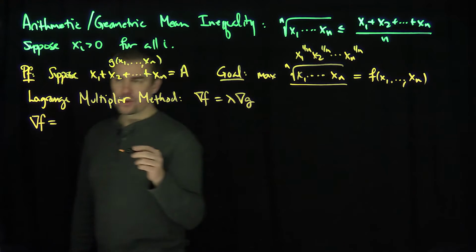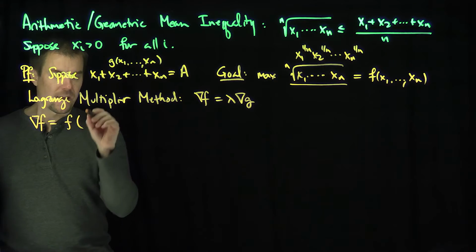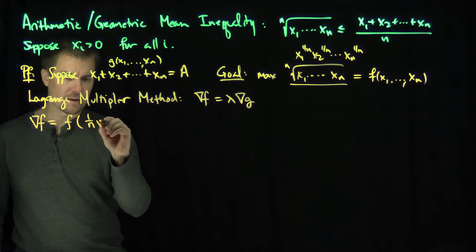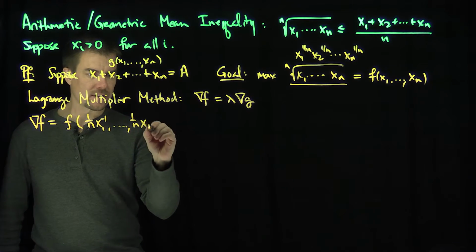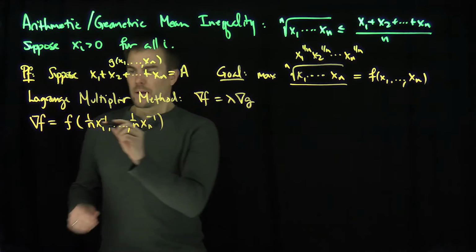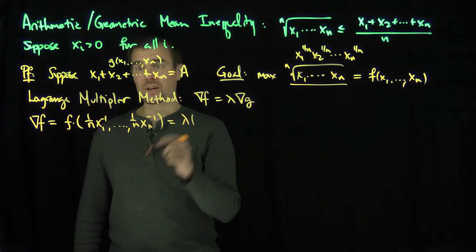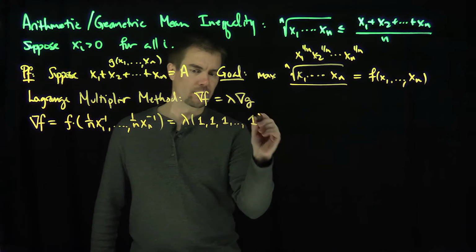When I do this, I'm going to get a copy of f itself, and then I'm going to have a 1 over n in each term: 1 over n, x1 to the negative 1, through 1 over n, xn to the negative 1. So that's a scalar, and that's equal to lambda times the gradient of g. That's even easier, just all ones, 1, 1, 1, all the way down to 1.